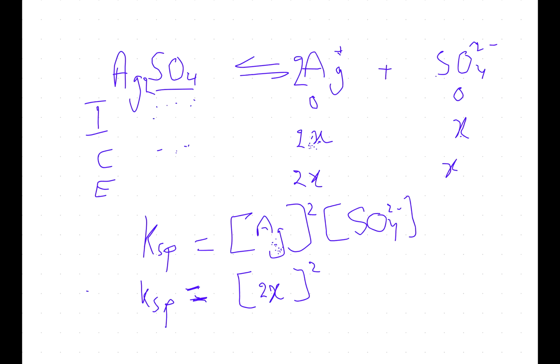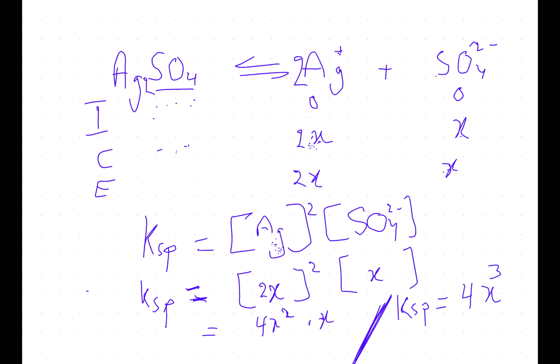And for the sulfate, how much dissociated from silver sulfate? 1X, it's going to be X. So it's equal how much? 4X squared times X. Which means at the end, KSP equals 4X cubed. Wow, it's completely different, and we have to memorize it. It will always be the same. When we have 3 ions, you see silver 2 and sulfate 1, it will be 4X cubed.